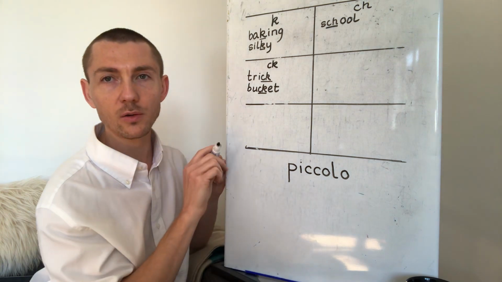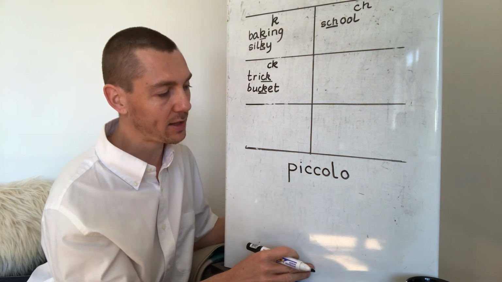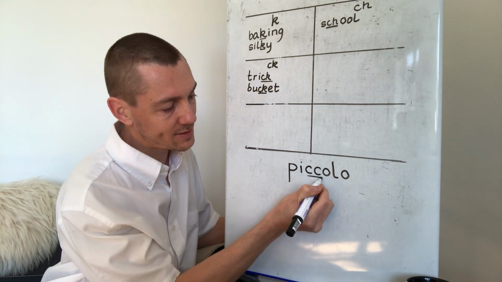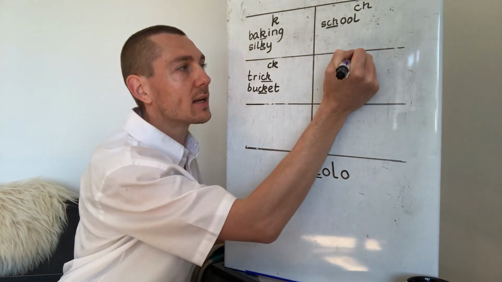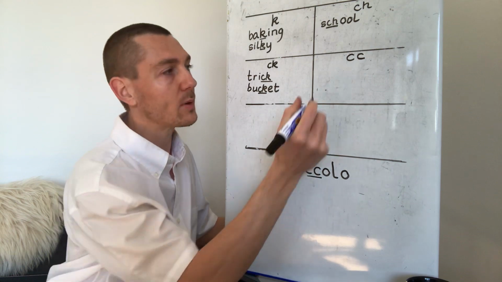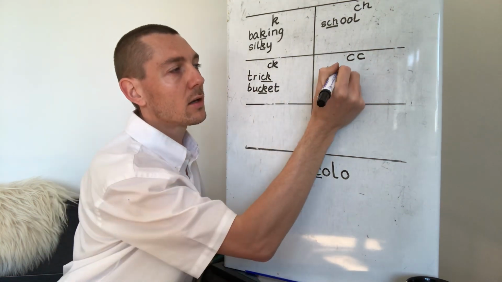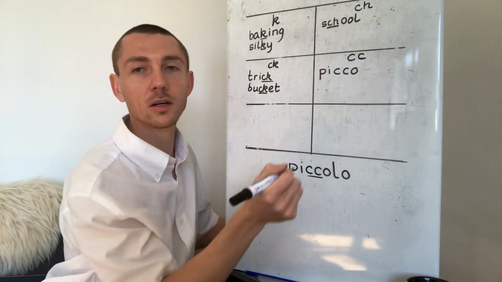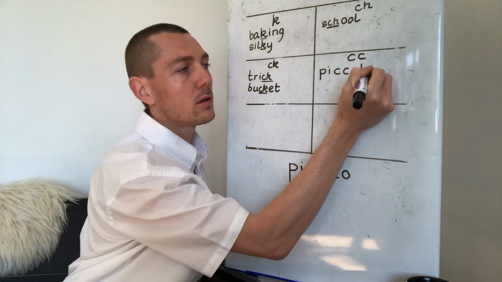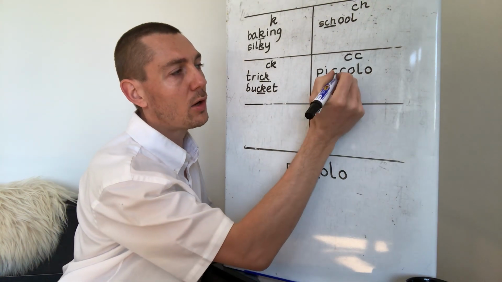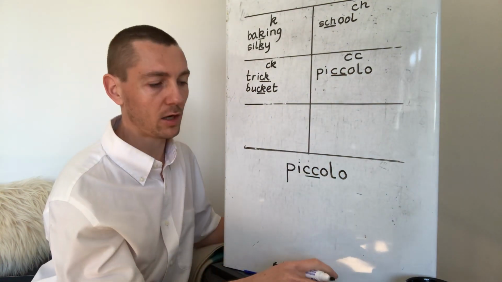P-I-C-C-O-L-O. So, the k sound spelling in that word is the 2 letter C's, double C spelling. And we say p, i, k, o, ko, u, o, lo. Piccolo, piccolo.